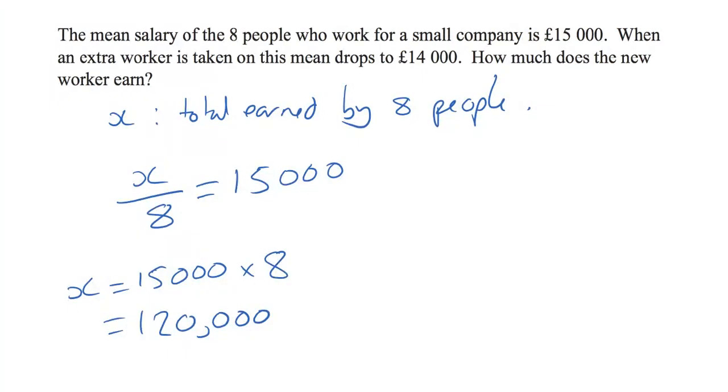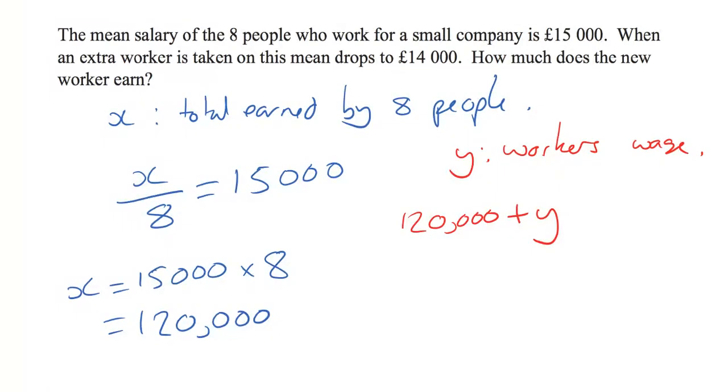Now then, we have an extra worker, and let's say that Y can be the worker's wage. So if I was going to calculate the mean now, I would have the 120,000 that the 8 people earned plus the amount that this new person earns.